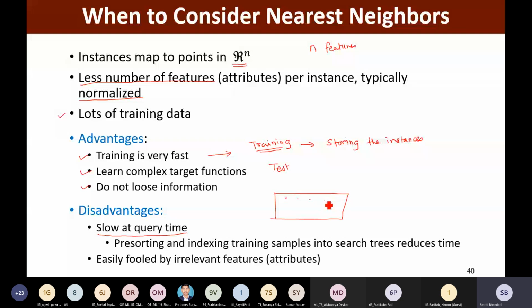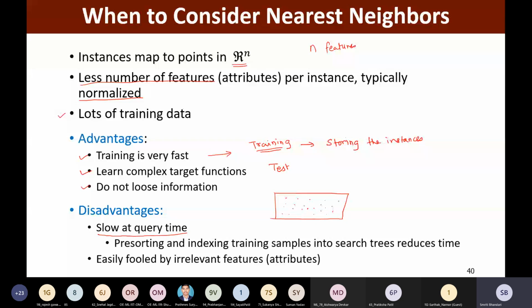In the prediction phase, whatever number of instances we have spread in the feature space, at query time we need to find the distance of the query instance to each and every training example.